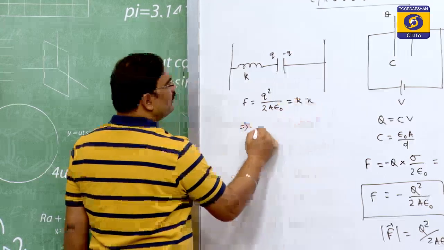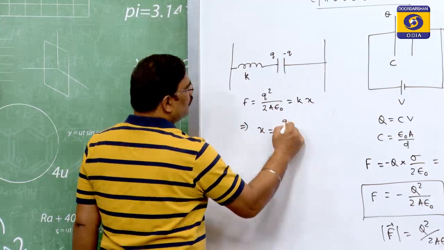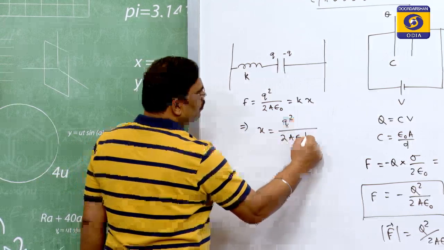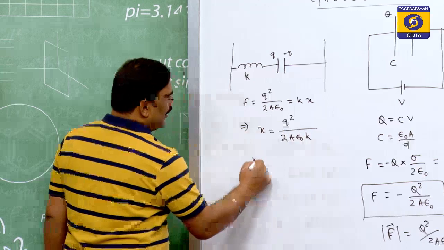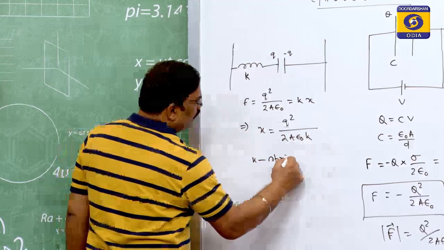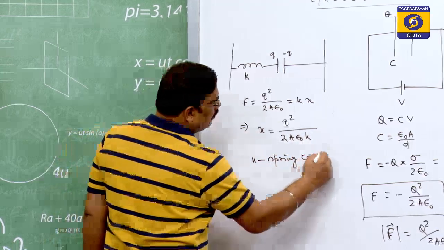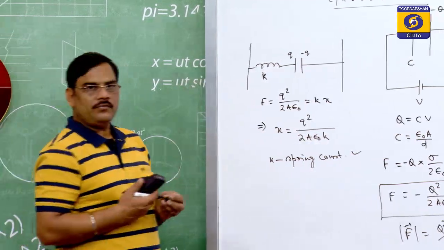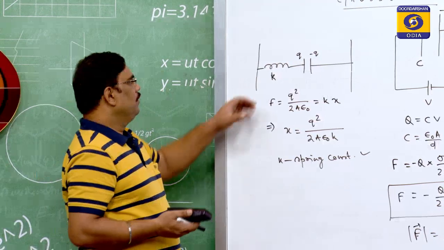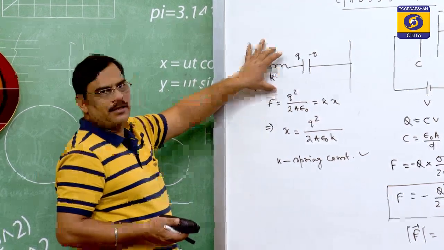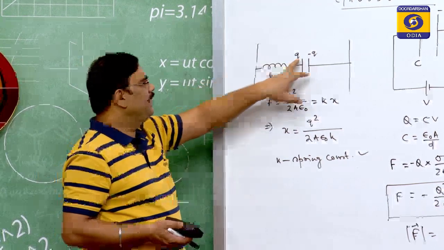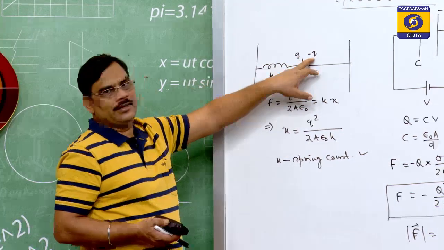So, this will give us x equal to Q square divided by 2A epsilon 0 K, where K is the spring constant. In this way we can calculate the expansion or compression of the spring. Compression will occur if these two charges are positive.